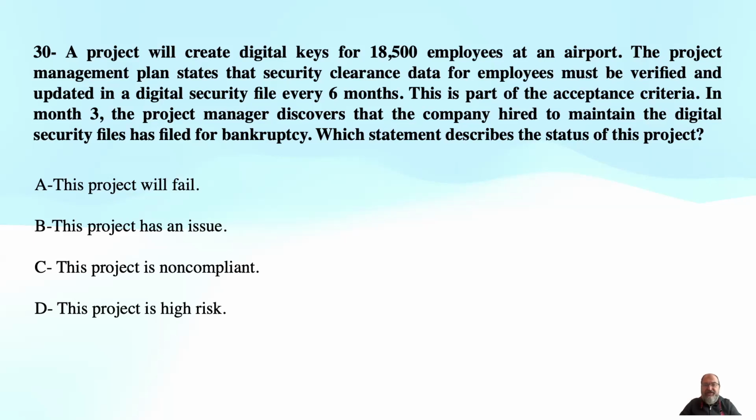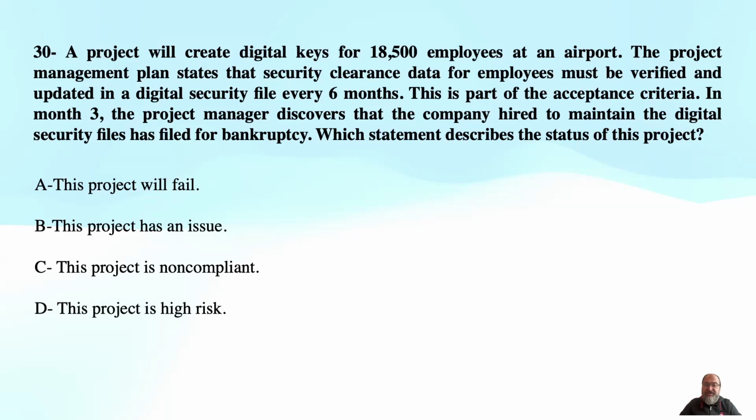Option alpha is not necessarily correct based on the information provided. While the bankruptcy of the company maintaining the digital security files is a significant issue, it does not automatically mean the project will fail. The project manager can explore alternative solutions or vendors to maintain the security files.